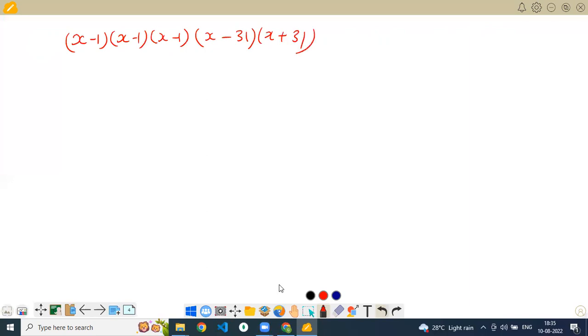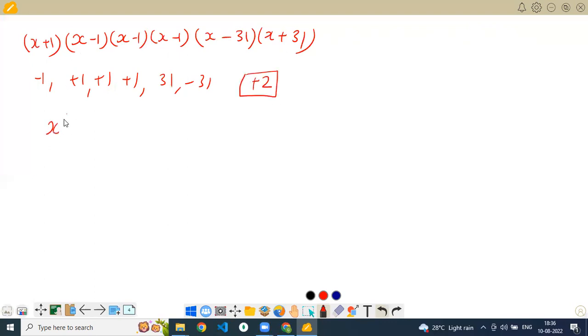I'm telling you how to proceed. So this is 1, 2, 3, 4, 5. And you can write it as x plus 1 also. So what are the roots? Minus 1, plus 1, plus 1, plus 1, 31, minus 31. So the sum of the roots will be plus 2.